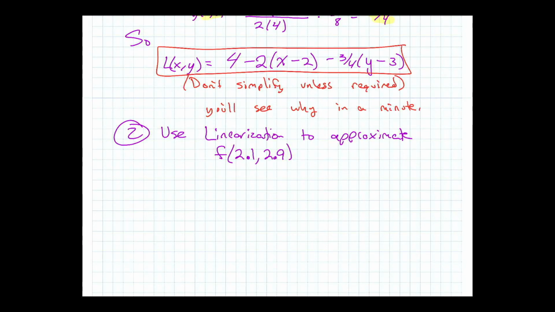So we know that f of xy is supposed to be approximately L of xy.